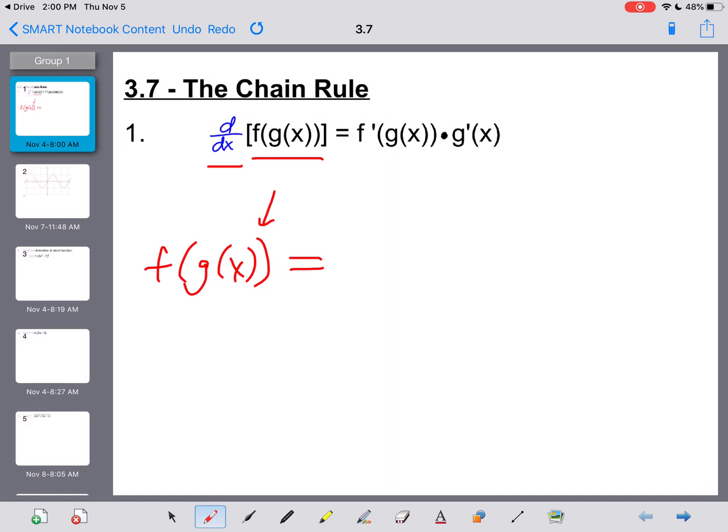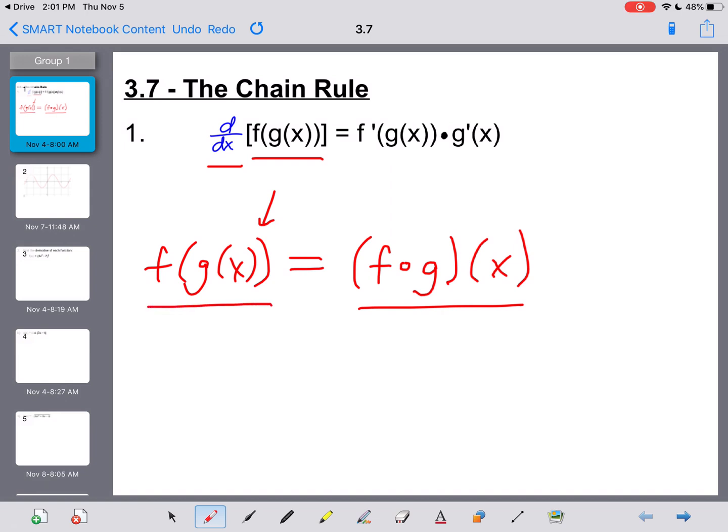You might also have seen it with this notation right here, the f and then a little open circle in the middle of the line, and then the g of x. This right here on the right is the more traditional way of writing a composition of two functions here. This one on the left is a little bit more informal, but what I have found is that most people prefer that way of writing it there on the left because A, it's a little bit faster, but I think the real reason is it's more obvious what we're doing here in a composition function when we write it this way.